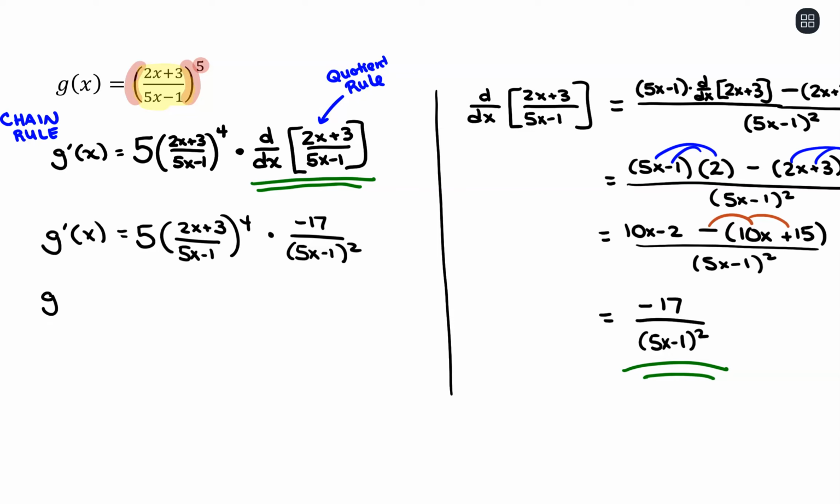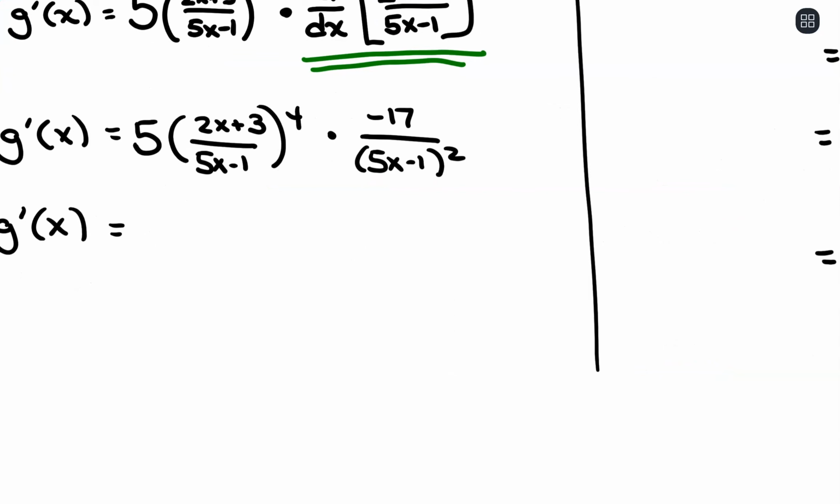And now you can just simplify down. So I'm going to do a few things here, because it'd be nice to combine those 5x minus 1 values together in the numerator, or sorry, the denominator. We have this 5 times negative 17. So let's do 5 times negative 17, get that going. So that's a negative 85. What we can do is, with this exponent, separate it up to the numerator and denominator.